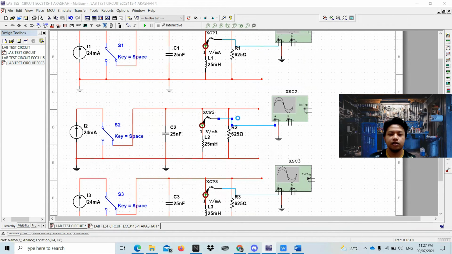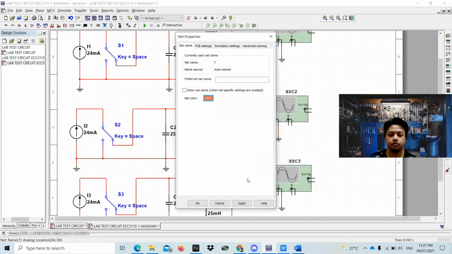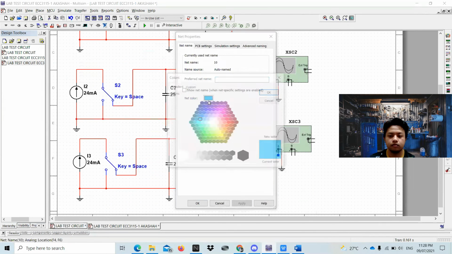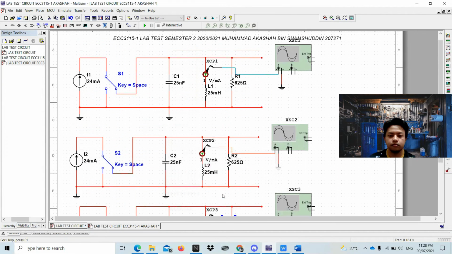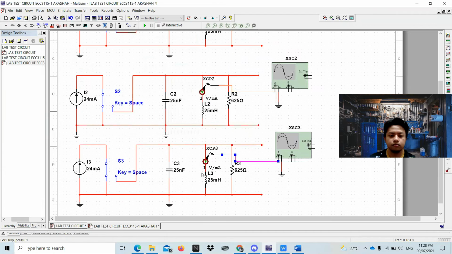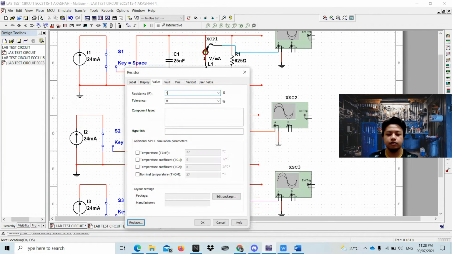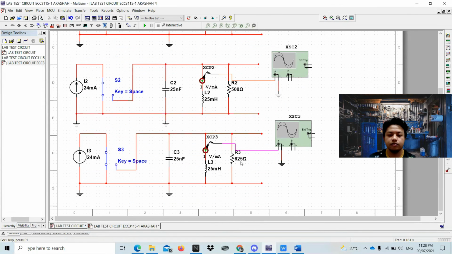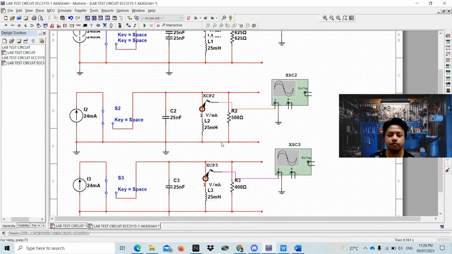So I'm going to change the color so that we can see the differences. So now I'm going to change the value to 500 ohms, and also down below here the 400 ohm resistor.